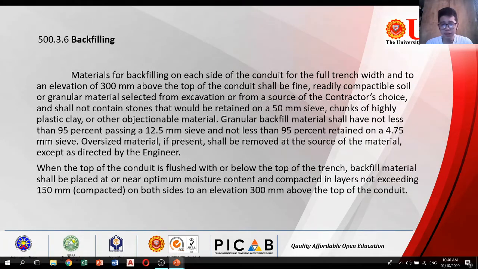Granular backfill material shall have not less than 95% passing the 12 mm sieve and not less than 95% retained on the 4.75 mm sieve. Oversized material, if present, shall be removed at the source of the material, except as directed by the engineer.